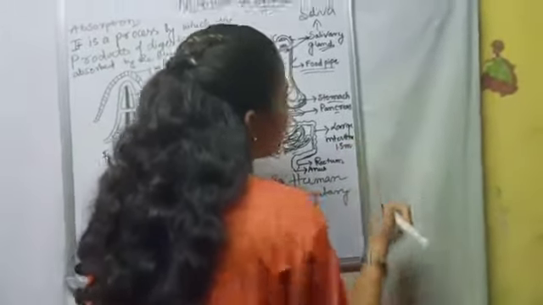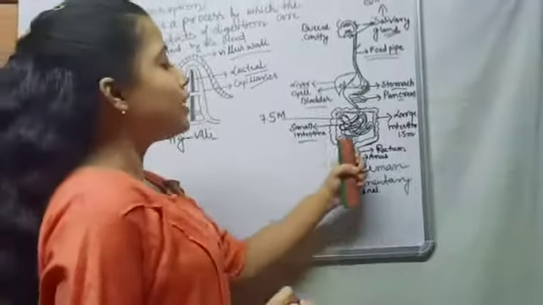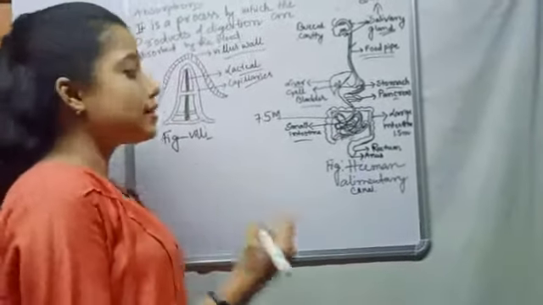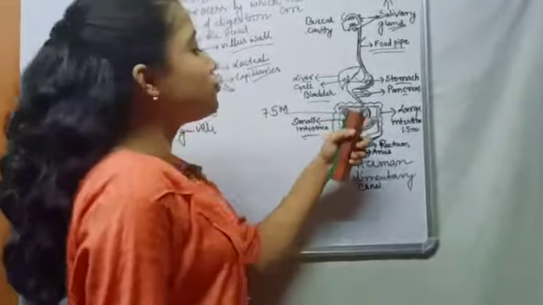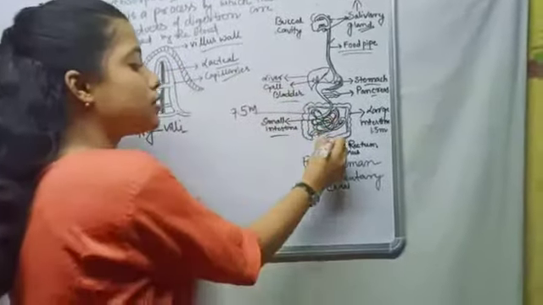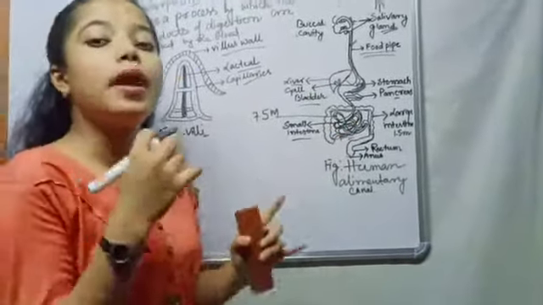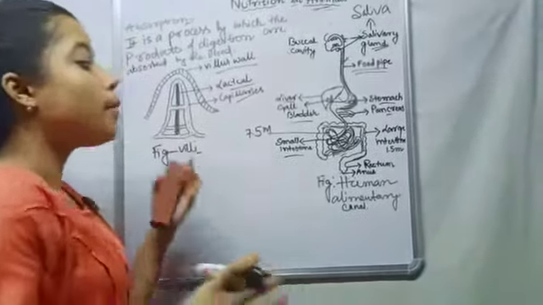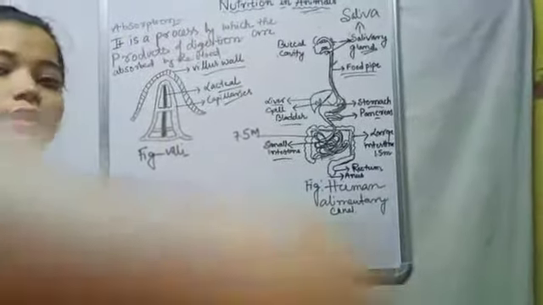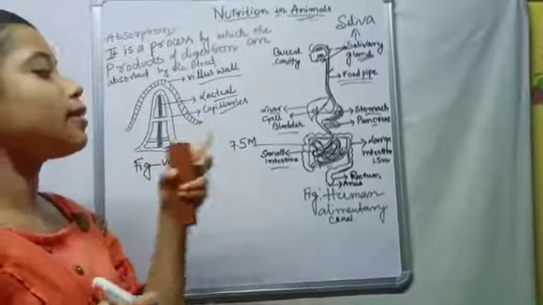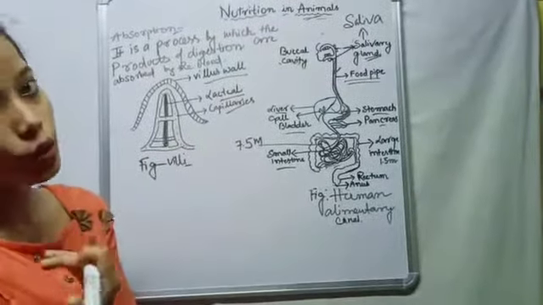The large intestine measures 1.5 meters long. Okay. Now what happens in the large intestine is that once the undigested food enters the large intestine, the remaining water and salts present in the undigested part get absorbed and sent to the blood. Okay.